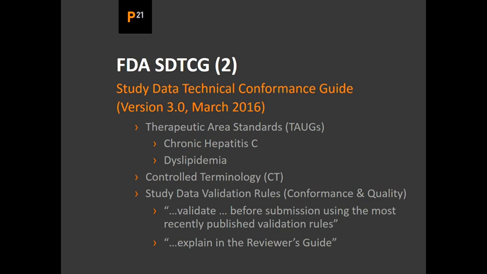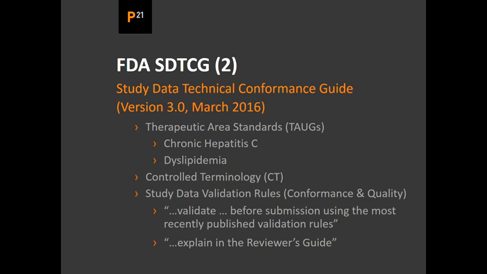You would hope to put that on the shelf and not have to open it up or revisit it. But there's really strong and sound rationale that you should, at a minimum, rerun the most current version of the validation rules shortly before your submission, and unlock your reviewer's guide and identify or explain any issues that have been identified in more recent validation rules.